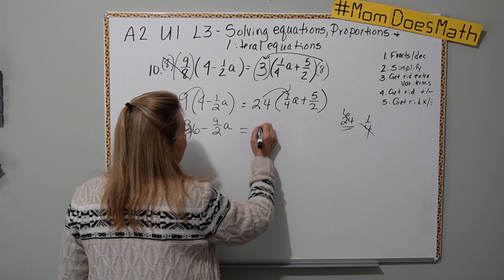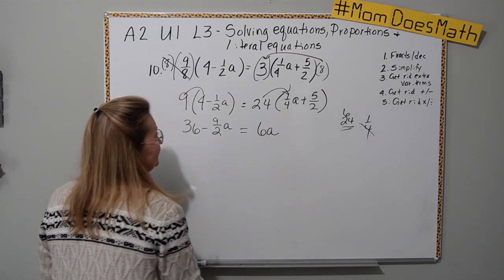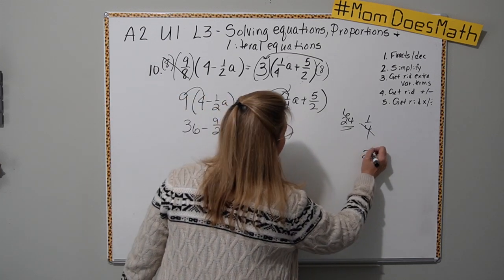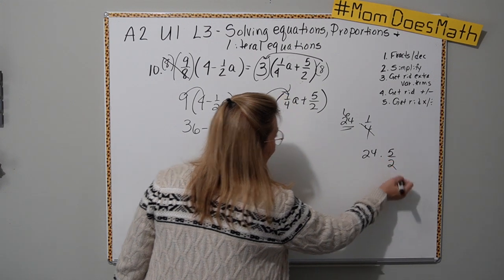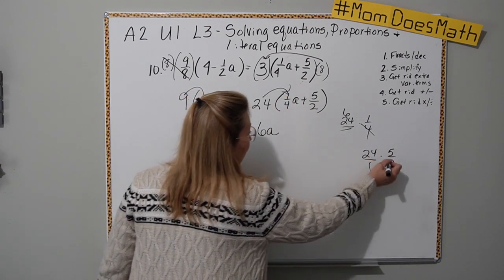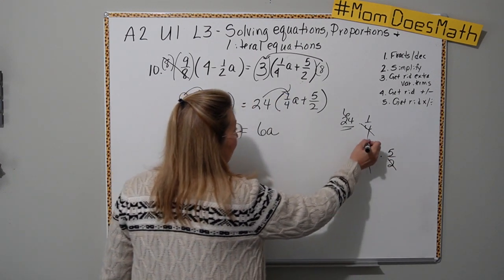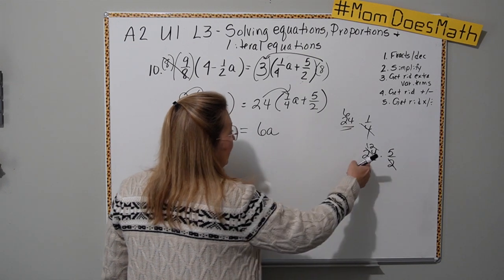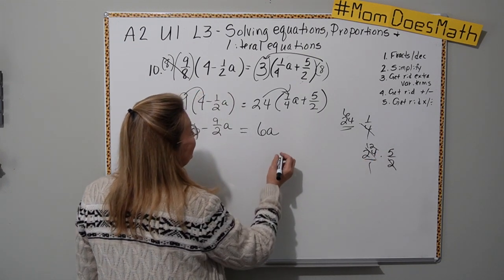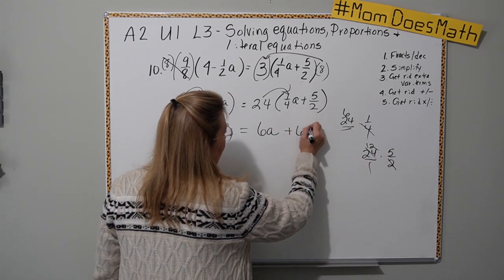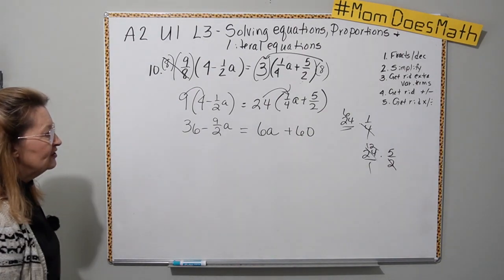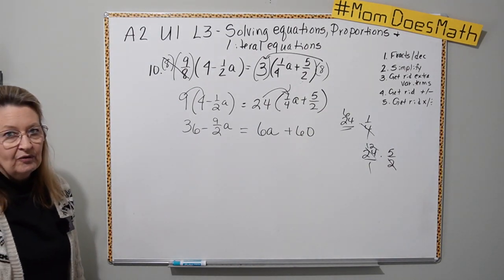So multiplying 6 times 1/4 a gives me 6a. Now 24 times 5/2, it's over 1. The 2 goes into 24 12 times, and then 12 times 5 is 60. So there's what you have, which is not great, but it's a lot better than it was.